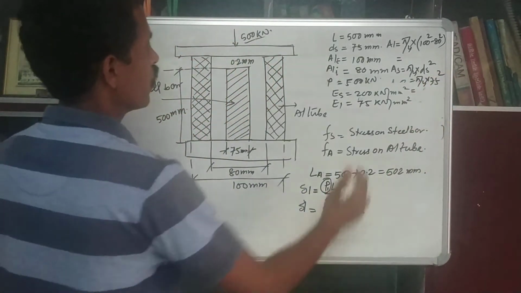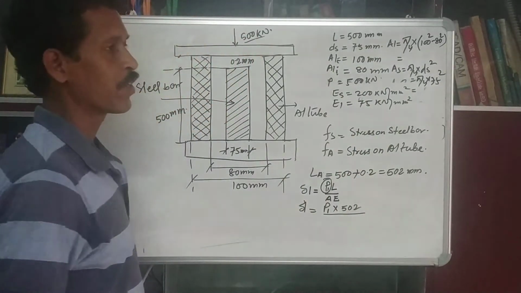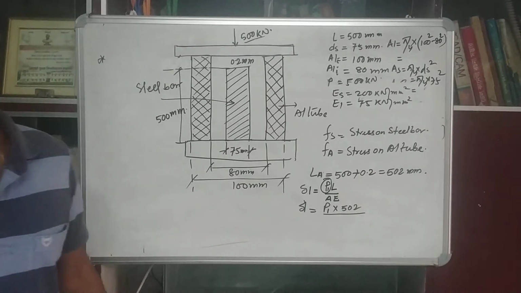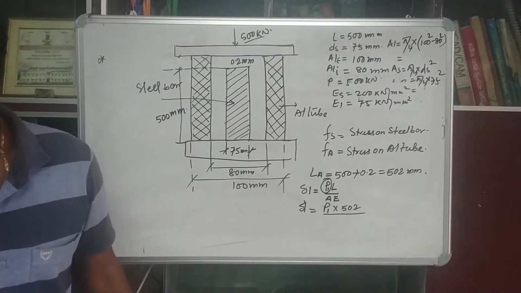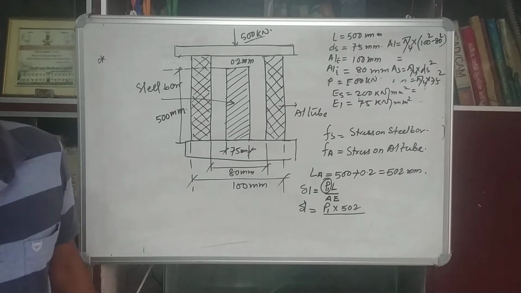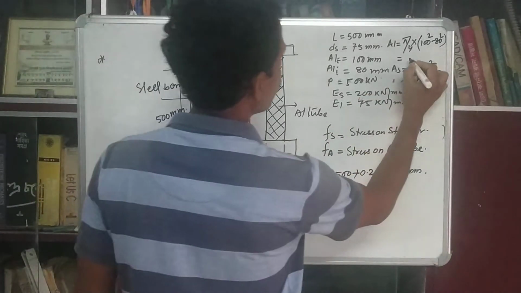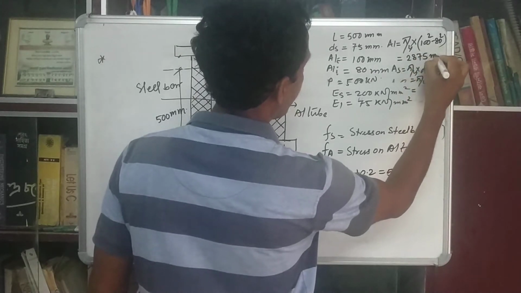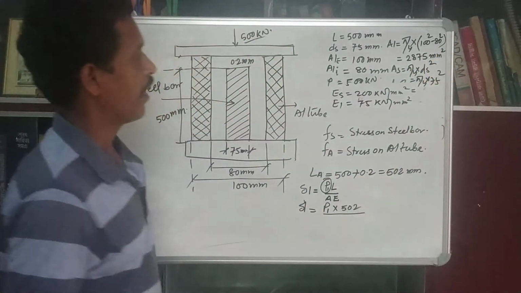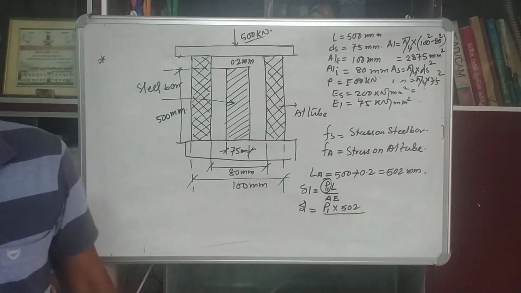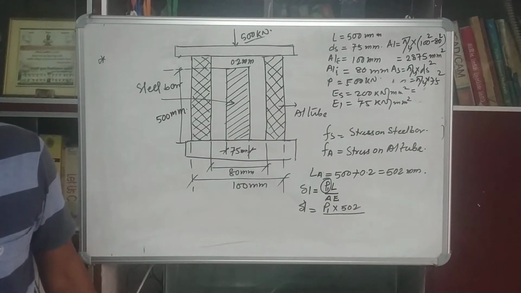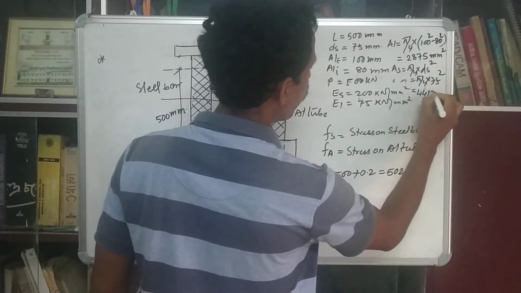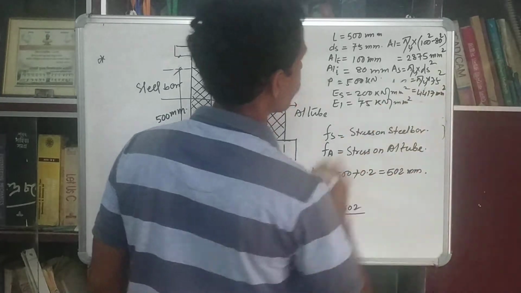So area of the aluminum tube is 2827 mm square, and area of steel bar is 4417 mm square.